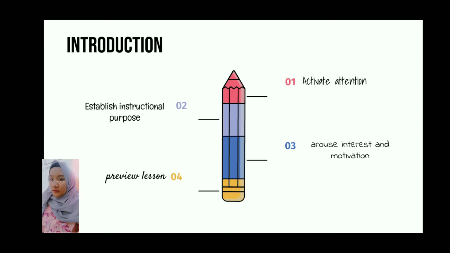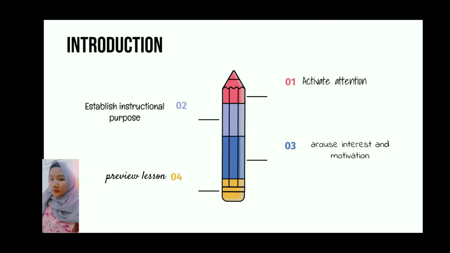And then the third one is arouse interest and motivation or stimulate learners' attention. In this part, learners are informed of the importance and relevance of the lesson and are encouraged to explore the personal relevance of the lesson.